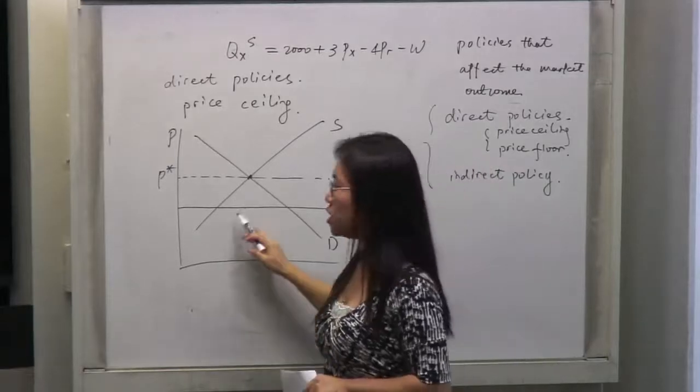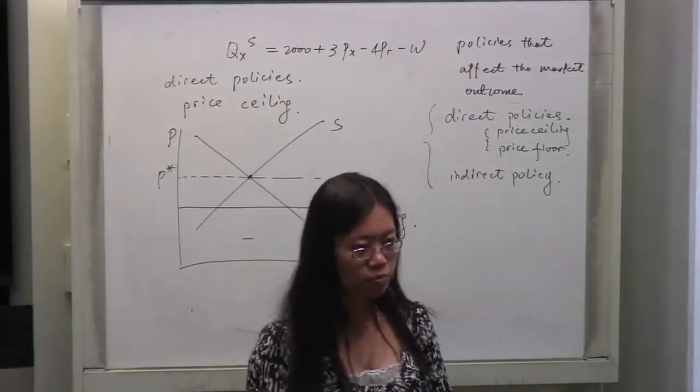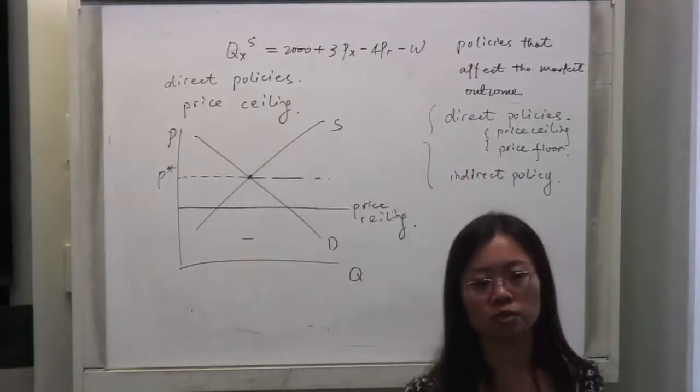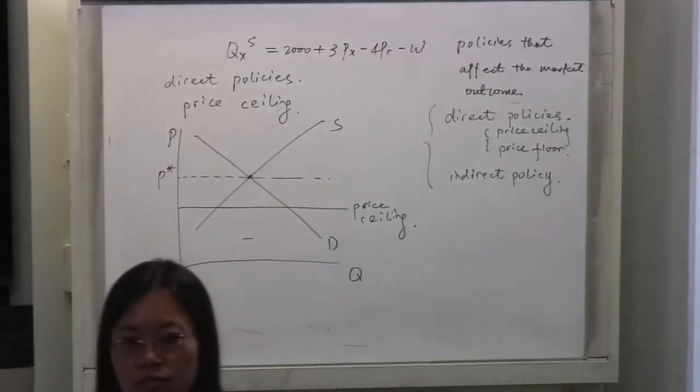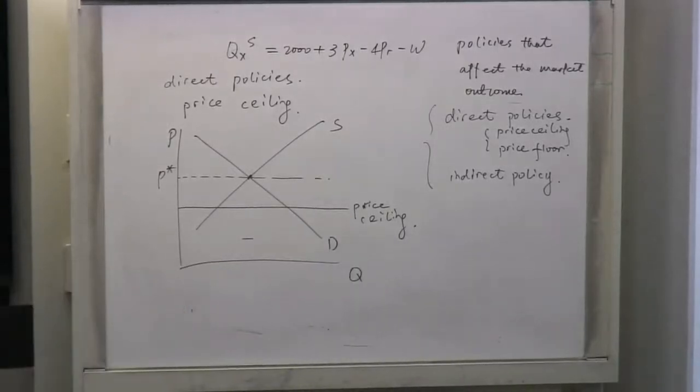When the price setting is used, there is a consequence. In the first class I mentioned the first important concept in economics, opportunity cost. What does opportunity cost mean? For anything you do in this world, there is a cost. The same thing applies to government policy.